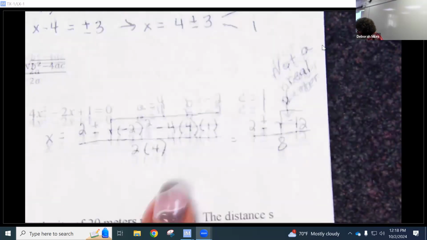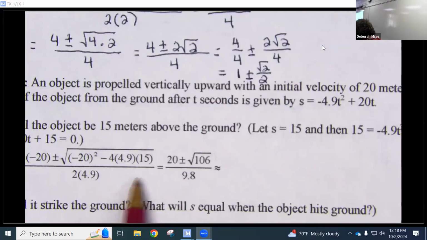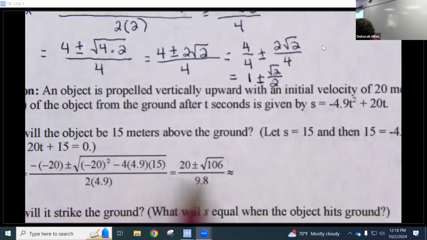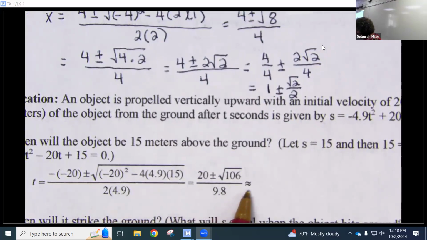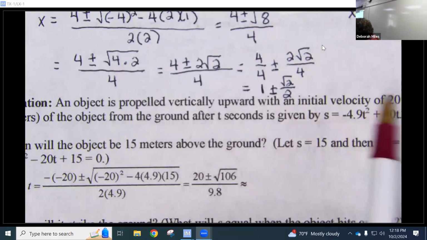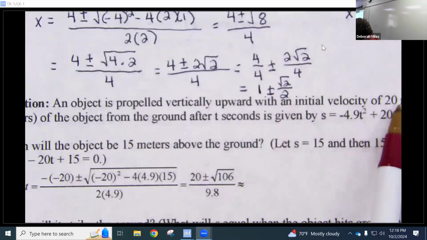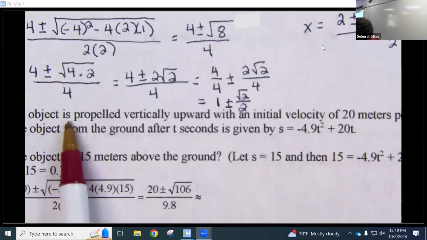All right, before we do that, let's look at this word problem real quickly. And I plug the numbers into the quadratic formula. I have this thing almost done for you because I knew we wouldn't have time to write it out in class. It says an object is propelled vertically upward with an initial velocity of 20 meters per second.